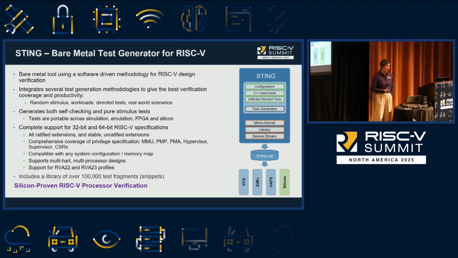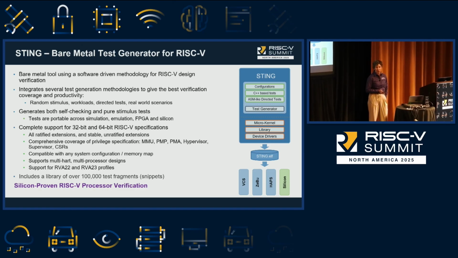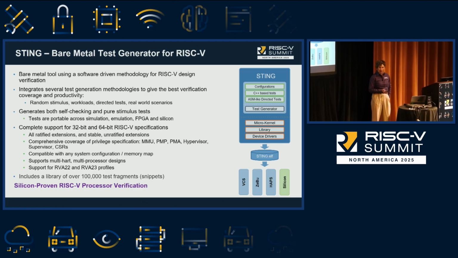So it can generate constrained random stimulus, longer workloads, directed tests, and real-world scenarios. And all of these can be self-checking, and because they are bare metal ELF files, the tests are portable among different execution platforms from simulation, but also in emulation and FPGA prototyping platforms, which is the area that we are interested in.